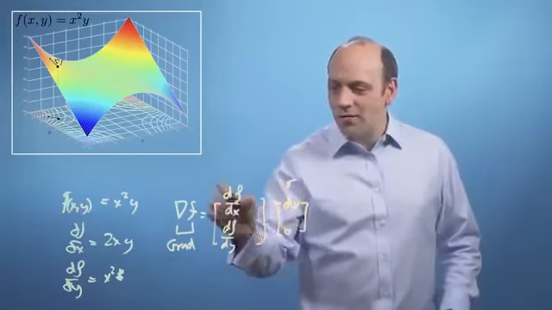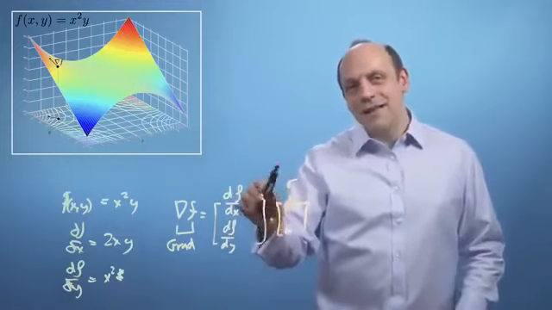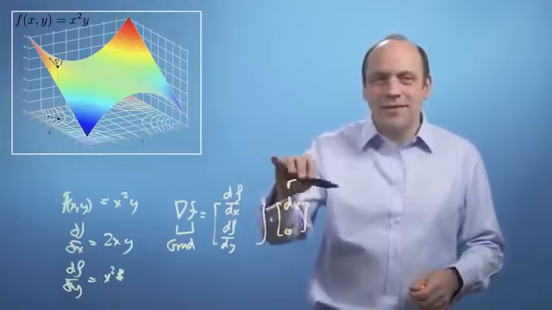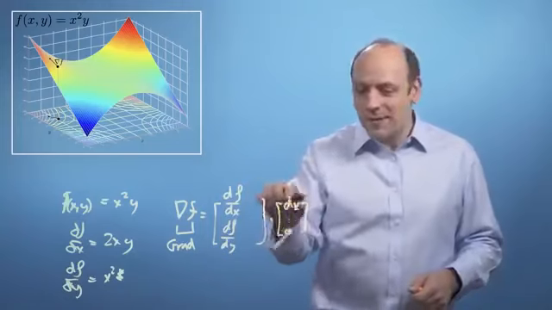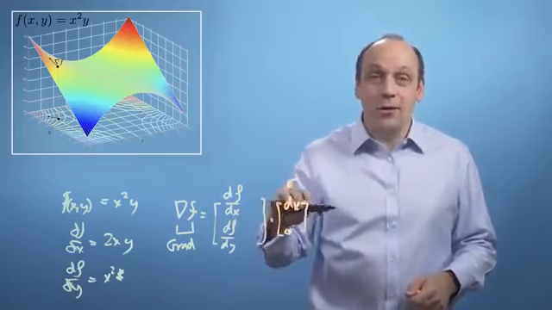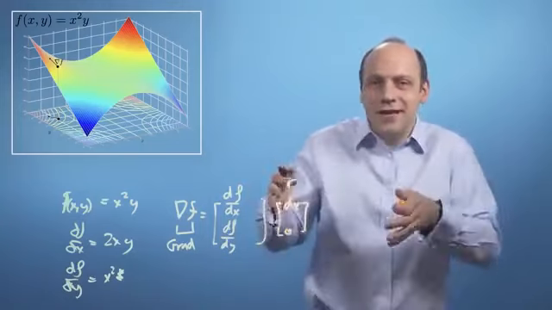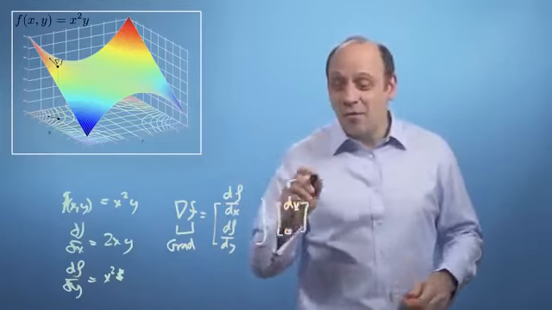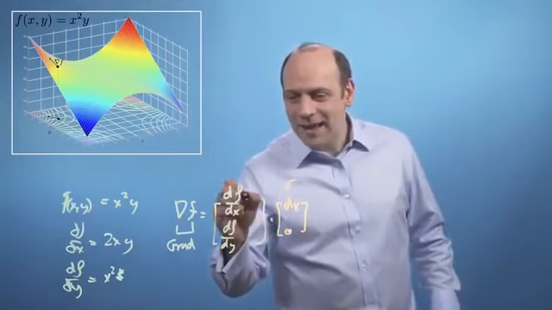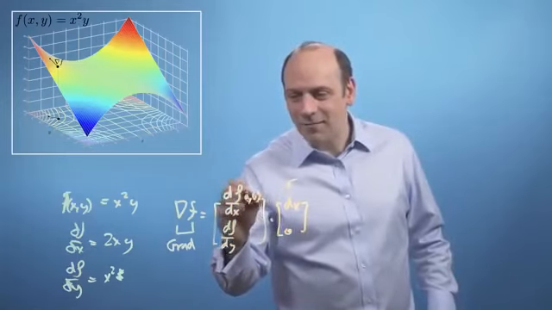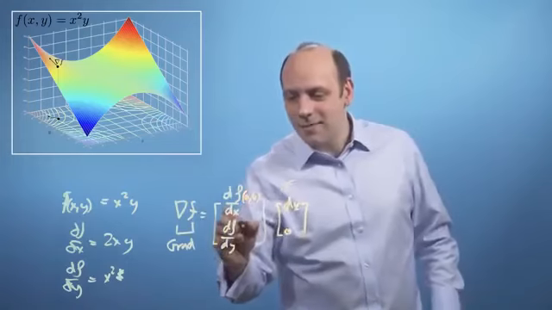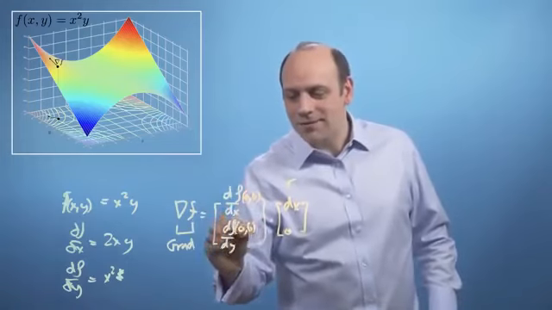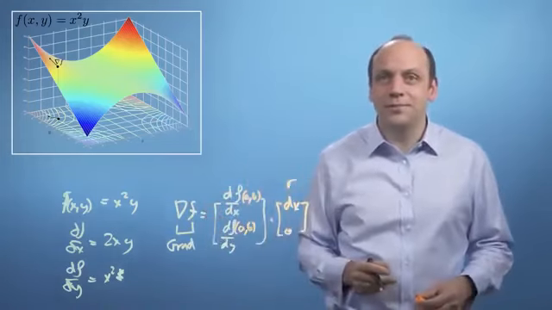A dot product of grad f with a vector is going to take some amount of df dx along the x part of that vector and some amount of df dy along the y part of that vector. So it's going to tell us how much we've gone down. That's sort of how grad works. And the important thing to remember is that this is evaluated at a location, a, b.